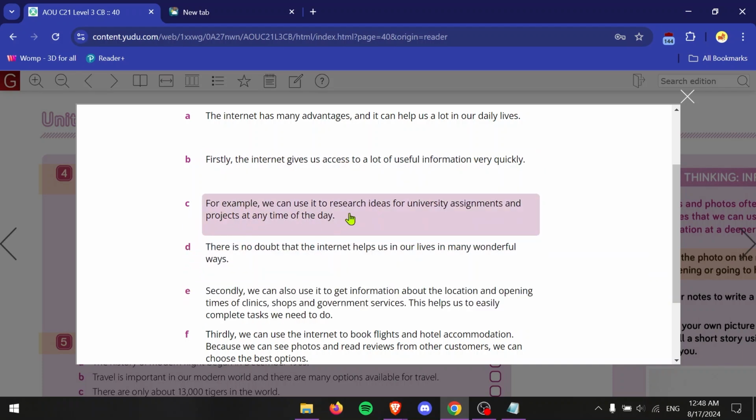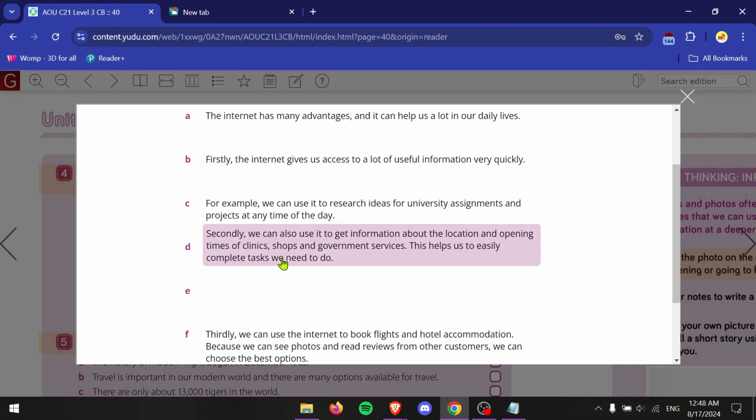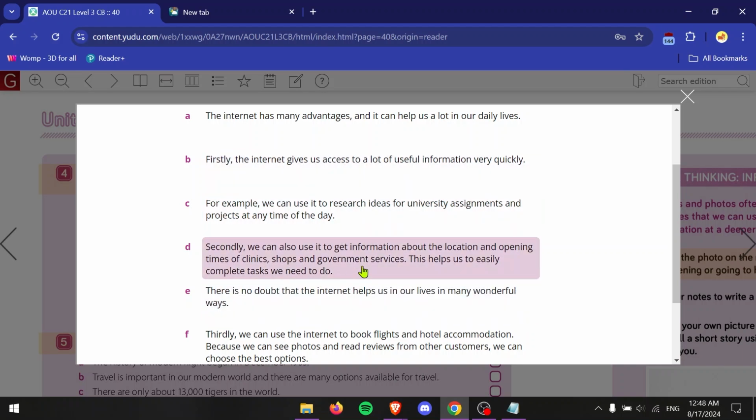For example, we can use it to research ideas for university assignments and projects at any time of the day. And then after firstly, secondly comes in. We can also use it to get information about the location and opening times of clinics, shops, and government services. This helps us to easily complete tasks we need to do.